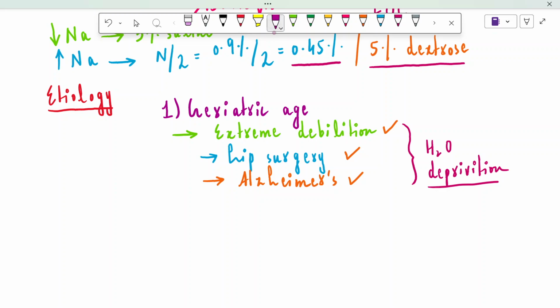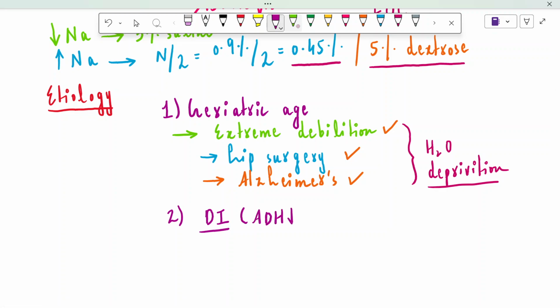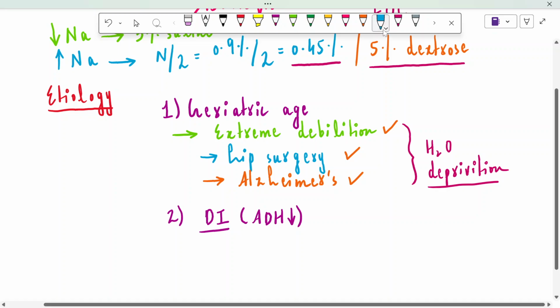The second condition is if a person is suffering from diabetes insipidus. What does diabetes insipidus mean? It is a condition in which the antidiuretic hormone is very low. Either it can be due to a central cause, or it can be due to a nephrogenic cause. The central means that the ADH is not being produced from the posterior pituitary, or the nephrogenic means that the kidneys' V2 receptors are unresponsive to the ADH hormone.